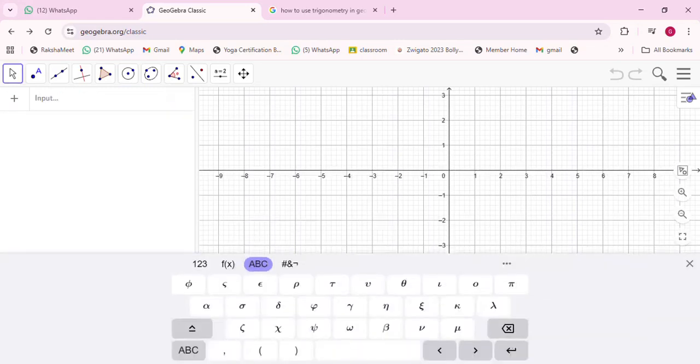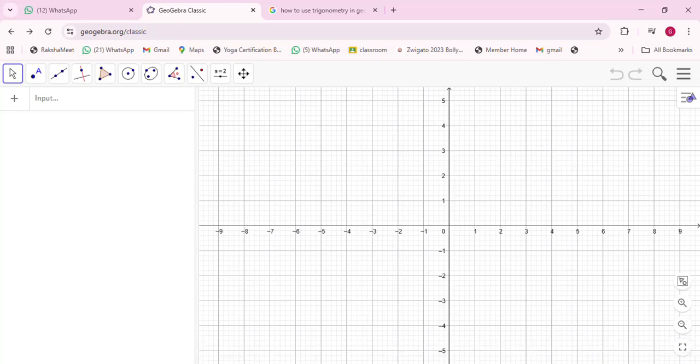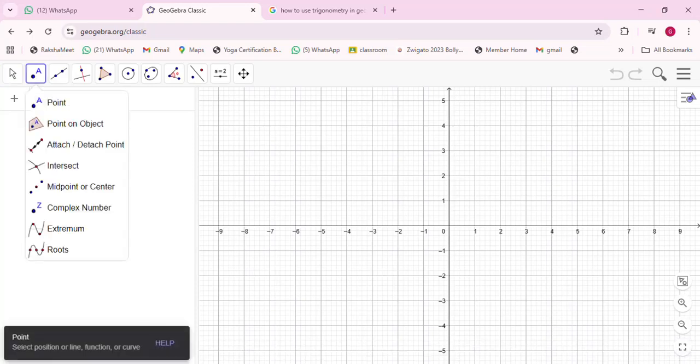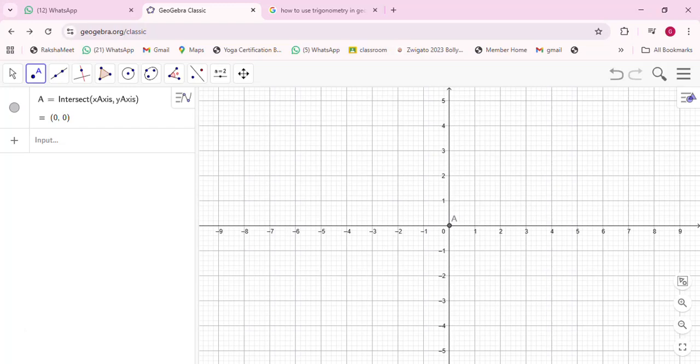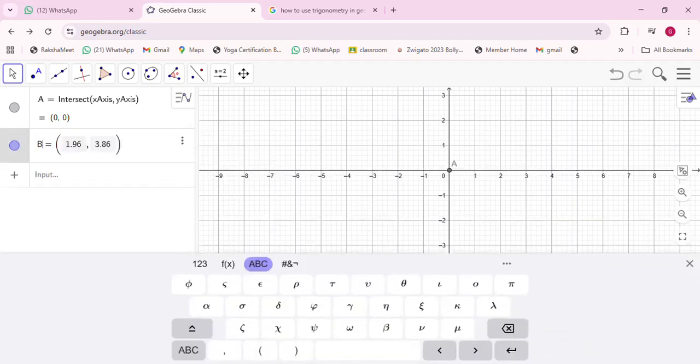I will take a point at the location origin, and one another point here. I will rename this point by clicking here, and I will change the name of the point to P. If I press the enter key or click on another, I can get the point location, that is P.